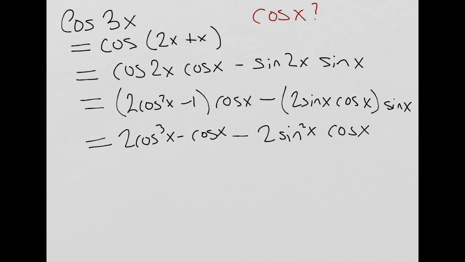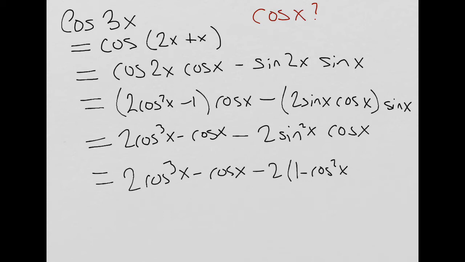But I can also replace this sine squared x in terms of cosine. I have an identity for that. So I'm left with 2 cosine cubed x minus cosine x minus 2 times 1 minus cosine squared x times cosine x.